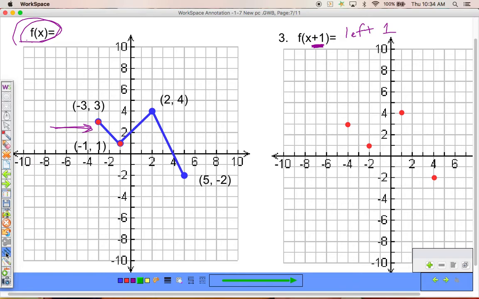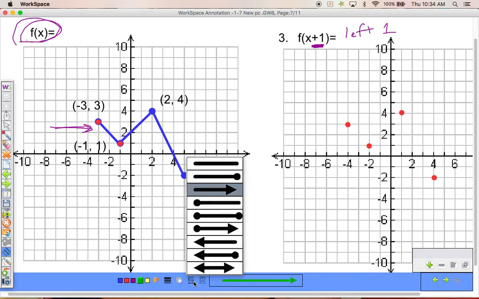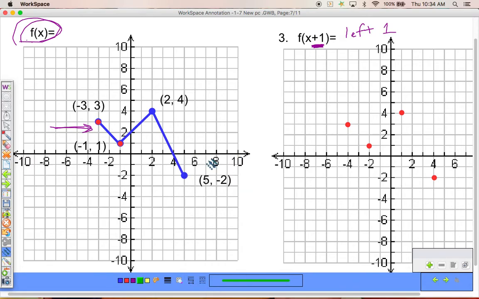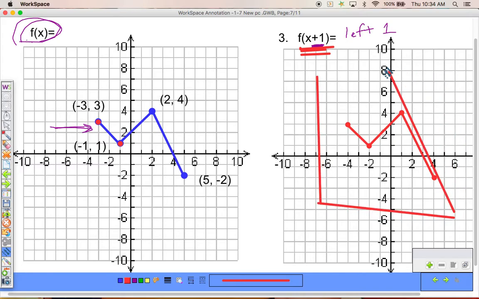So all I'm doing is, as if it was any other shape, I'm going to take these 4 points and move everything to the left 1 unit, connect the dots, and this is f of x plus 1.